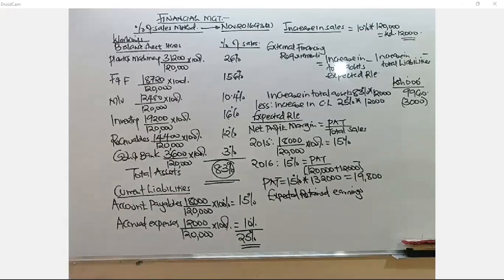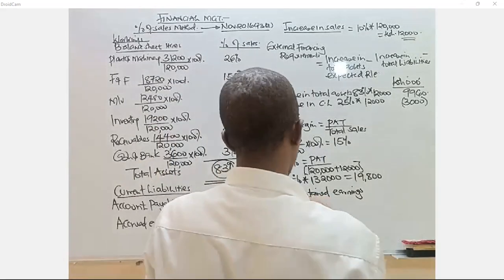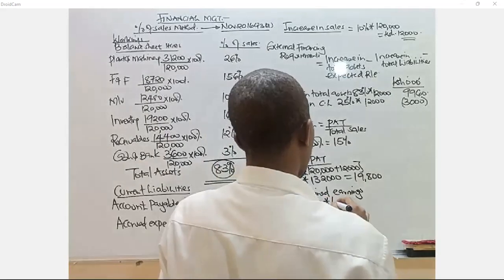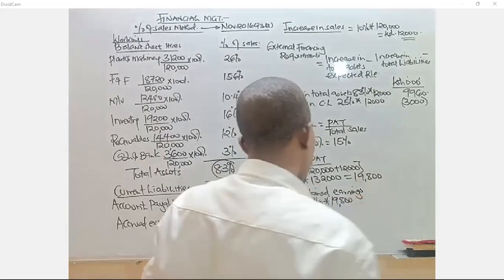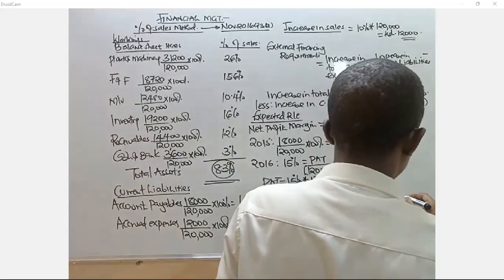This is the dividend policy. The payout ratio is expected to remain constant each year in perpetuity. So it means if we are going to be paying out 80%, our retention ratio will be equal to 20%. So it will be 20% of 19,800. Remember, we are getting 3,960. That is what we're supposed to be deducting here.